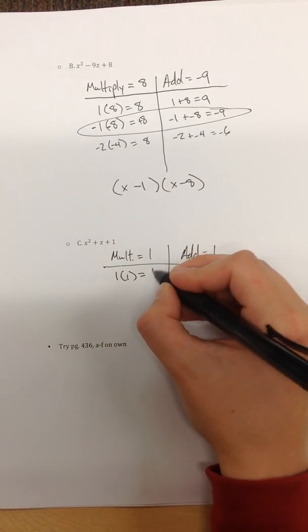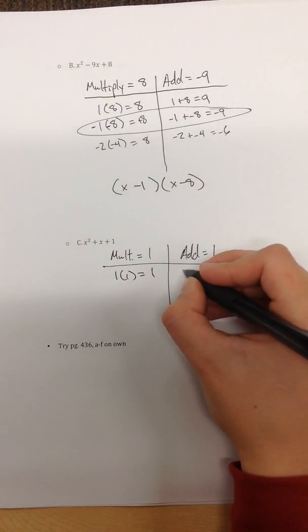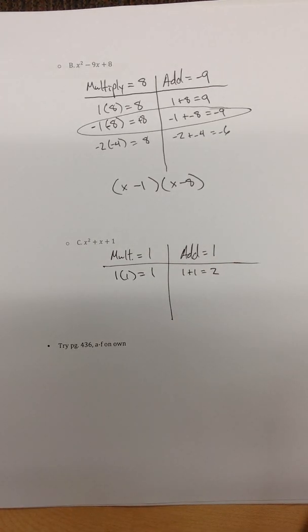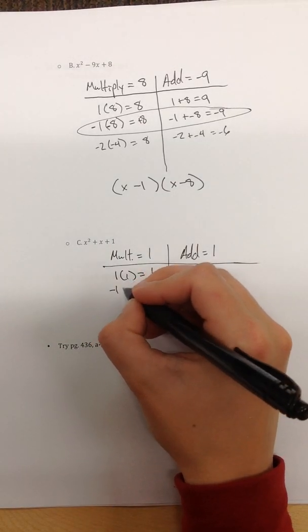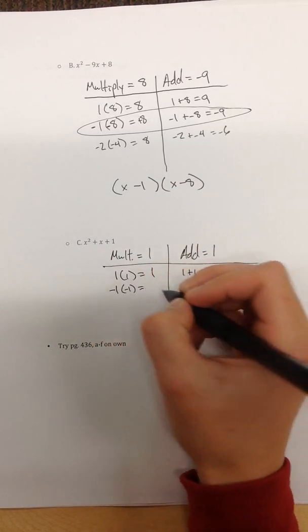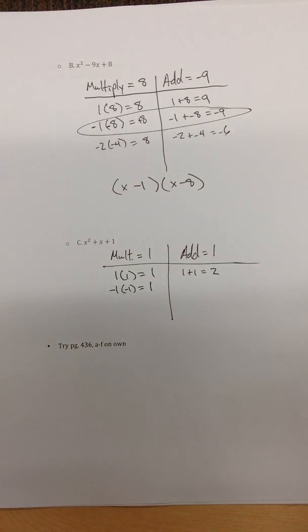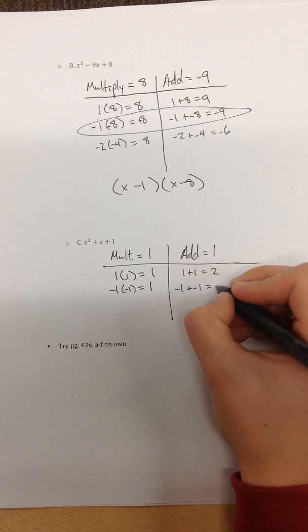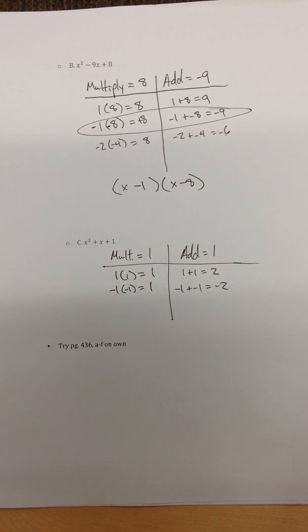So I go 1 and 1, that equals 1. If I take 1 plus 1, I get 2, so that doesn't work out. I could also try the negatives of that, so -1 and -1 would still multiply out to be a +1, but then when I add -1 and -1, I get -2, so that doesn't really work.